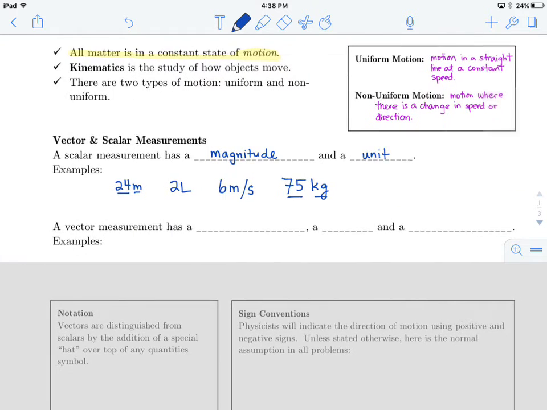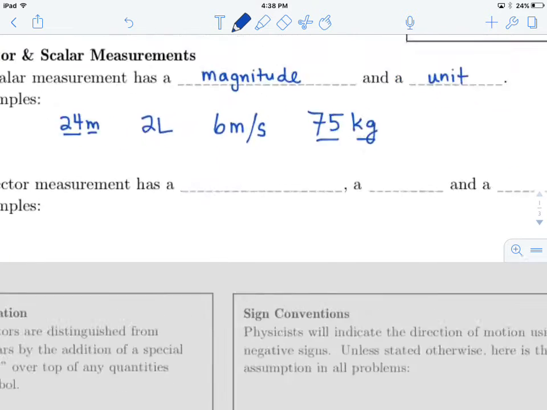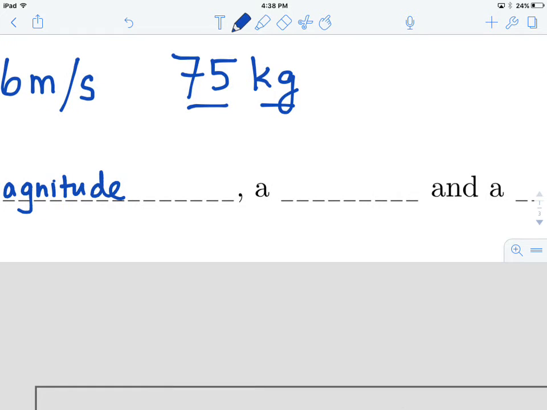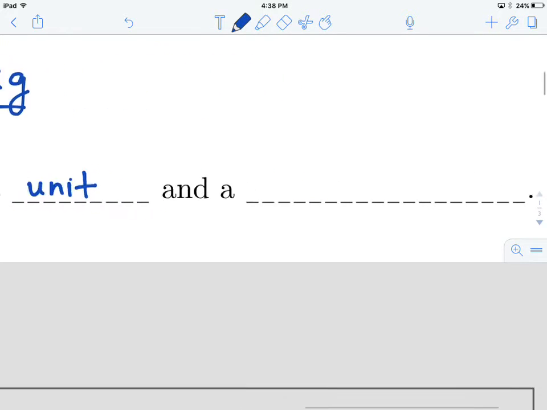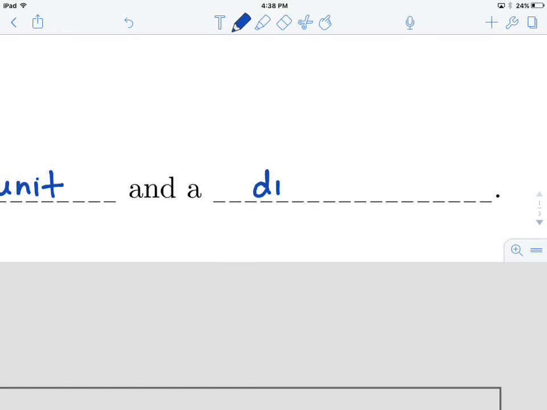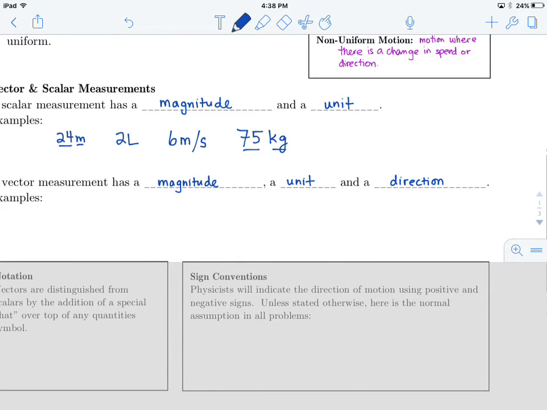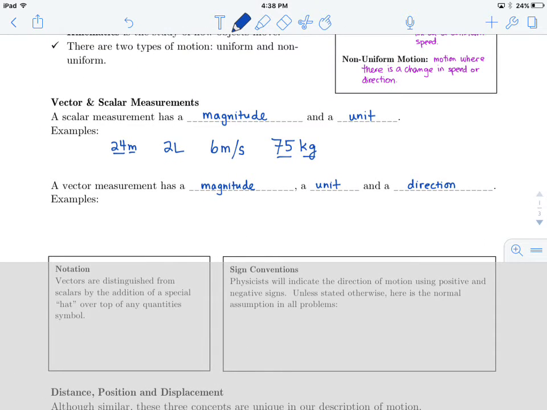Where a vector is a little bit different, they have, of course, a magnitude. They have a unit. But vectors also have a direction. And this is an important distinction because it gives us an extra piece of information, and that's a good thing.